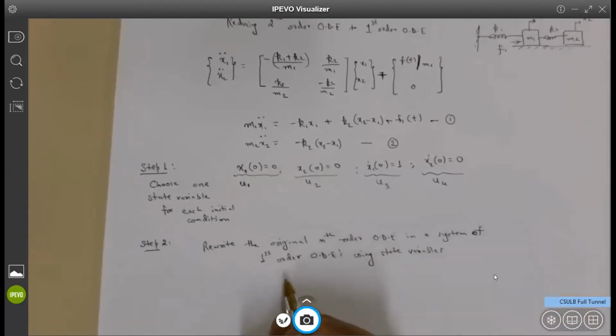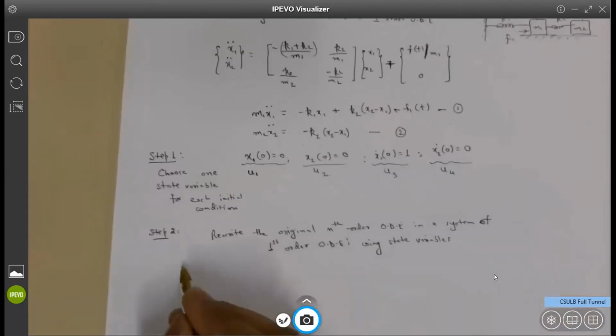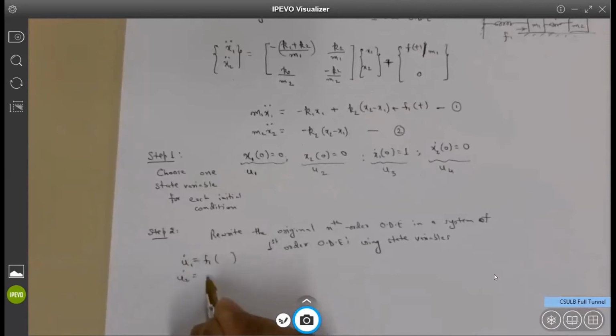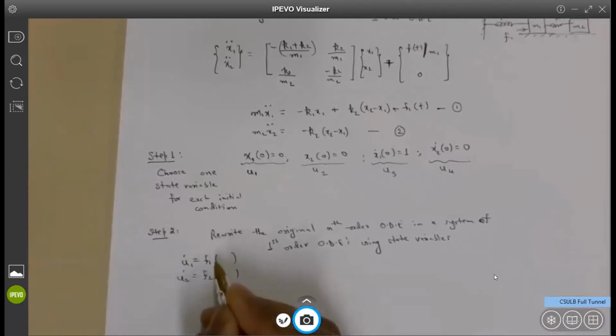So what we basically mean by this is we are going to write our equation as U1 dot is F1 something, U2 dot is F2 something, where something in here is U1 and so on. It can be U1, U2, and it can have any time, so it can have any parameters.